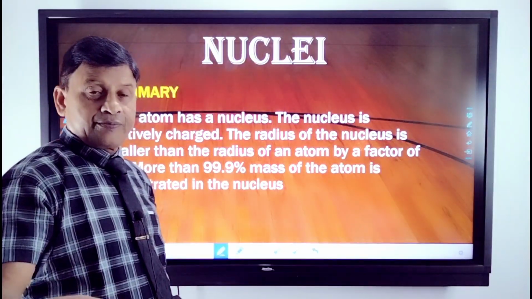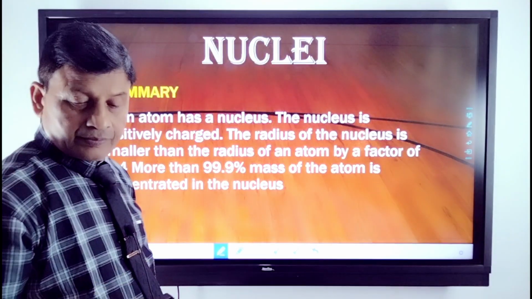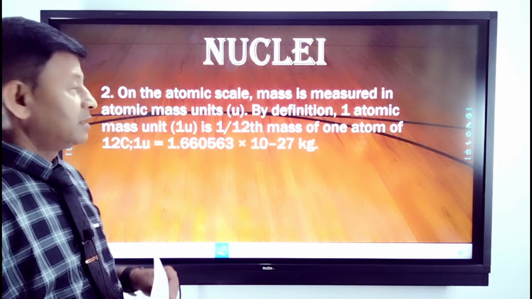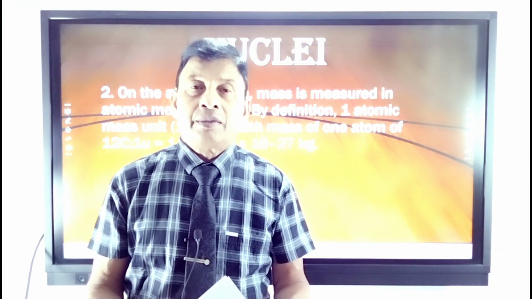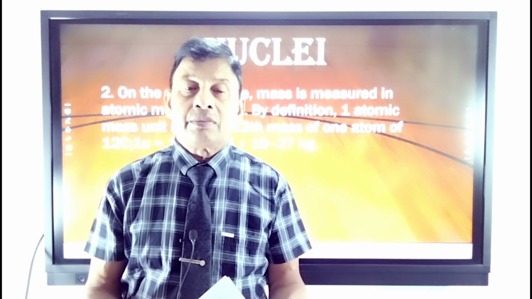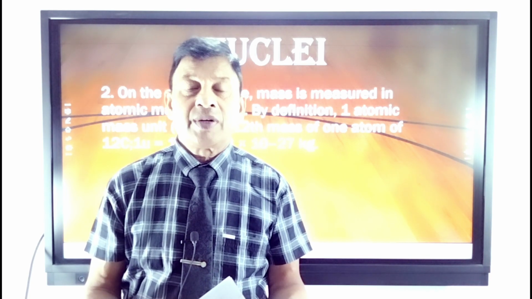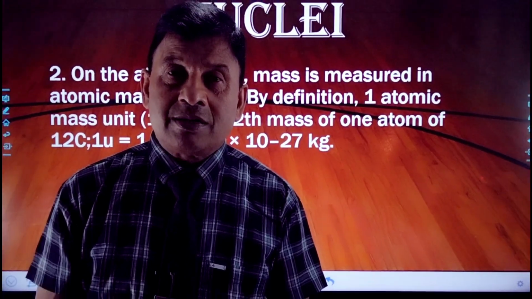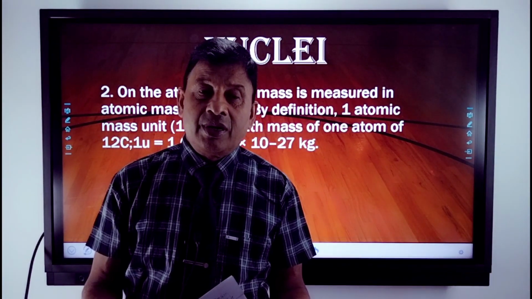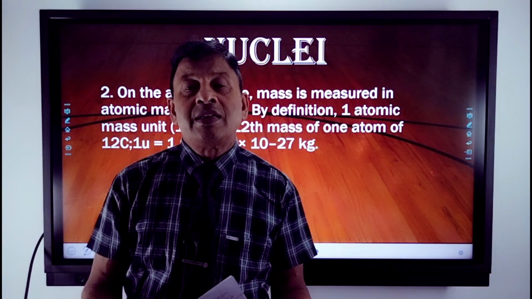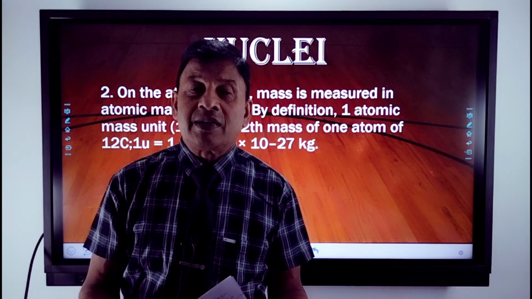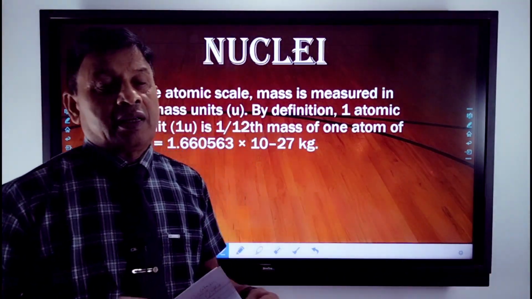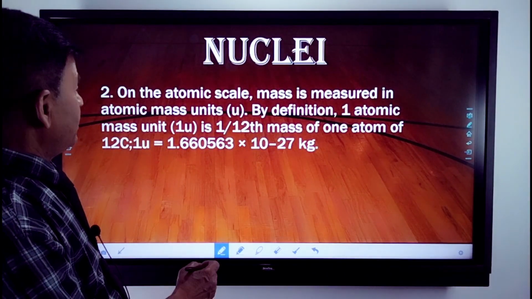Now, next point. The mass of the nucleus or the atom is very, very small, and that's why it is very inconvenient to measure the mass and speak of mass in terms of kg or grams. And that's why there is a unit, atomic mass unit, to measure the mass of the nucleus, the mass of the atom, right?